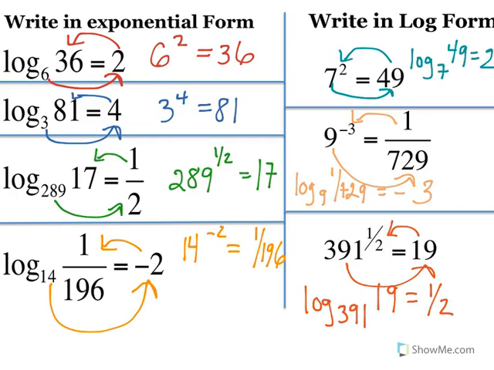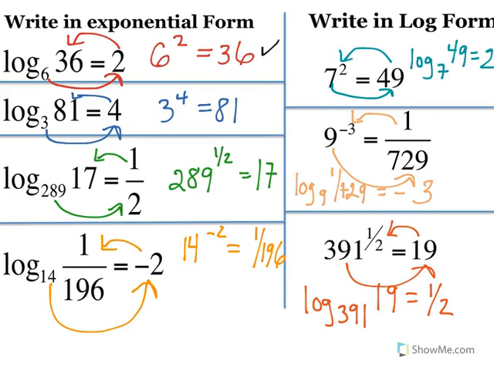Okay, I've been looking at logarithms for a while, and still my brain doesn't process what log base 6 of 36 is immediately. But if I rewrite that as an exponential, 6 squared equals 36, my brain processes that immediately as, yeah, that's correct.